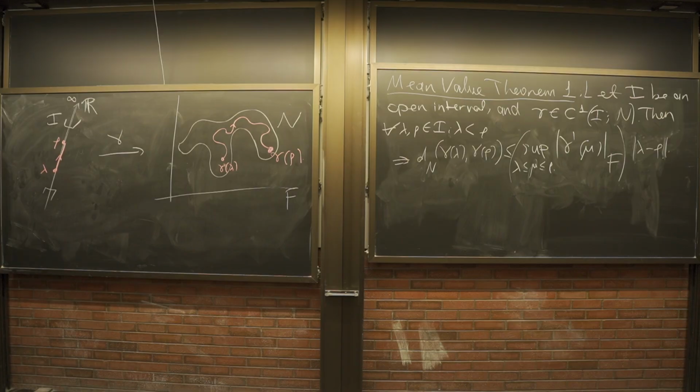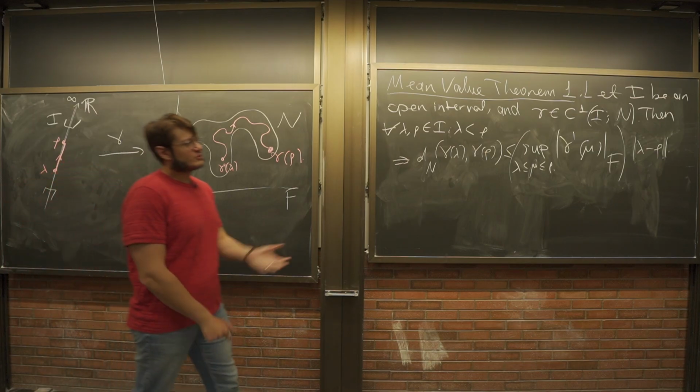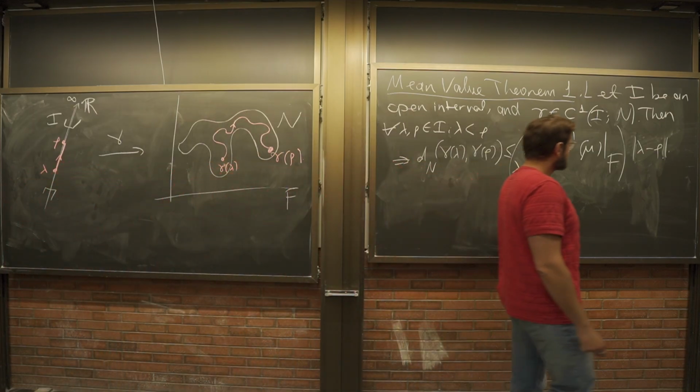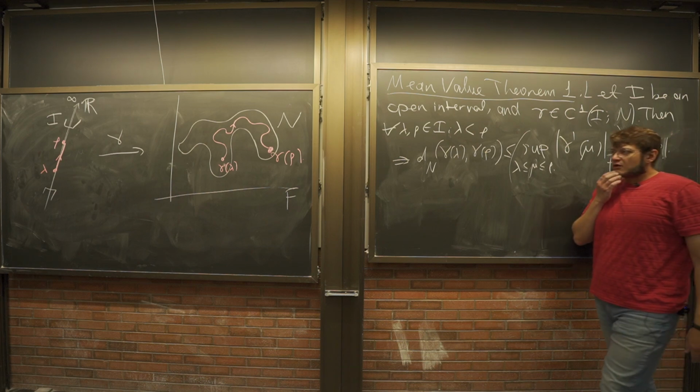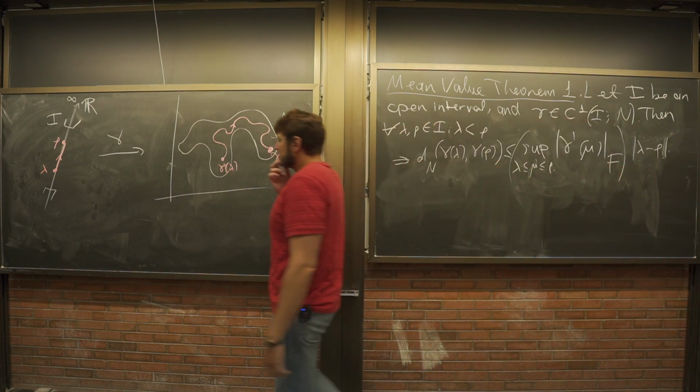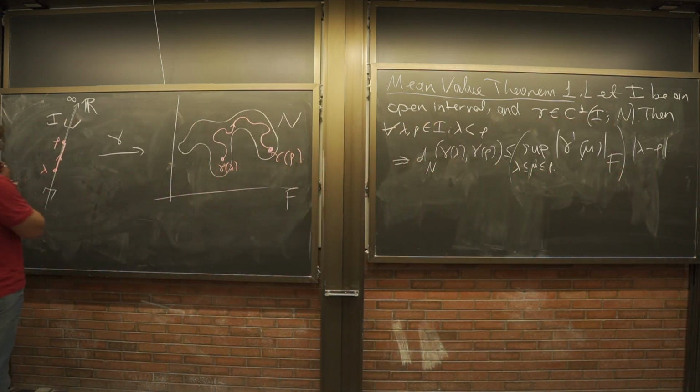Now, let me mention this. In a textbook, for instance, you're going to see a much weaker version of this in terms of the output space. But one thing I want to say is the following. Typically, what you would see is a path that is defined on a closed and bounded interval, that is continuous and differentiable on the interior.